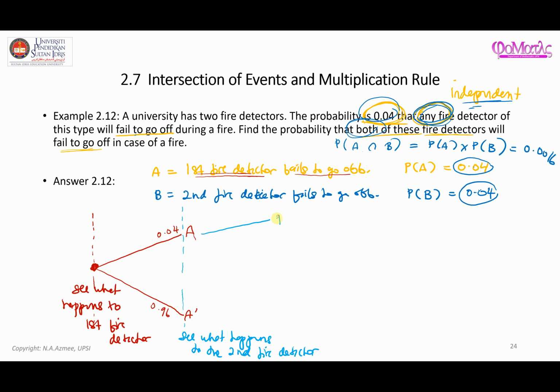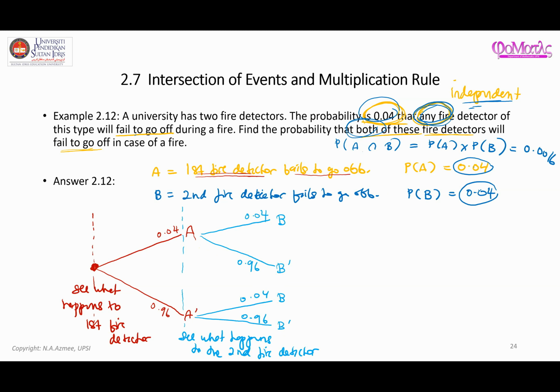You can observe the B event, where B is the second fire detector also fails to go off, and the probability is the same, 0.04. And this is the complementary event, which means the second fire detector works, it goes off, so it will be 0.96. Similarly, this is what is going to happen. We have the B event 0.04, and here is 0.96.